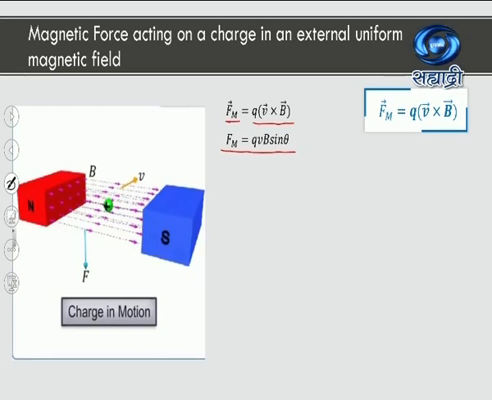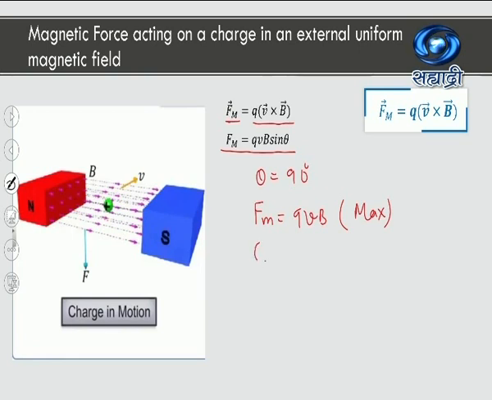The situation that we have observed here in the video suggests that θ is equal to 90 degrees. Velocity is perpendicular to B. That means Fm must be equal to QVB, right? This is the maximum force that a charge can experience when it is made to travel through the external magnetic field.